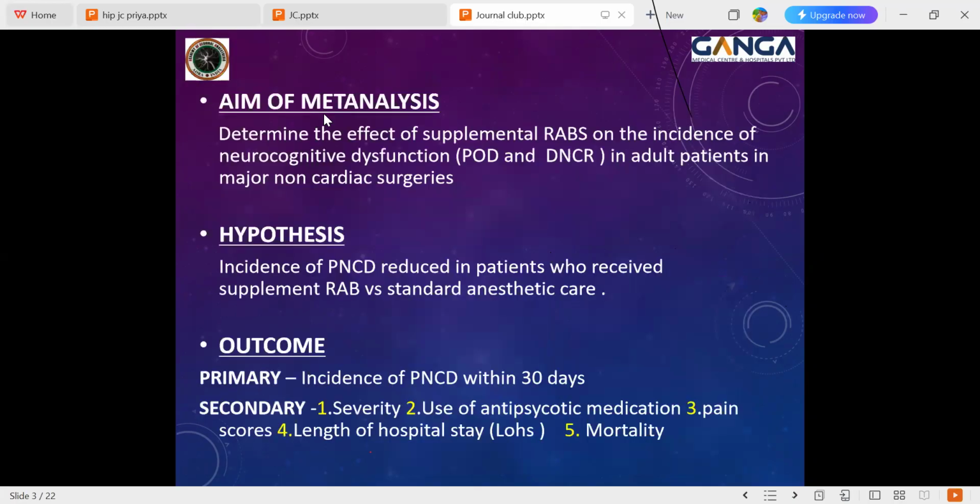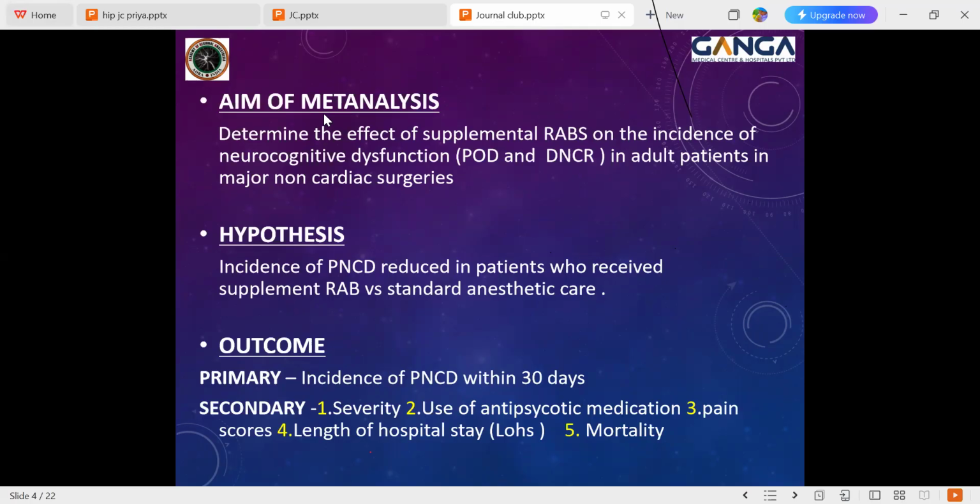The aim of the meta-analysis was to determine the effect of supplemental regional anesthesia blocks on the incidence of neurocognitive dysfunction in adult patients in major non-cardiac surgeries. The hypothesis was that the incidence of post-operative neurocognitive dysfunction is reduced in patients who have received supplemental regional anesthesia blocks compared to standard anesthetic care.